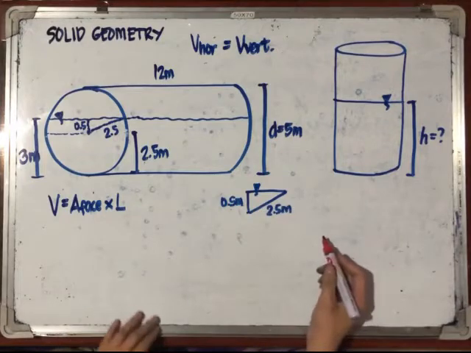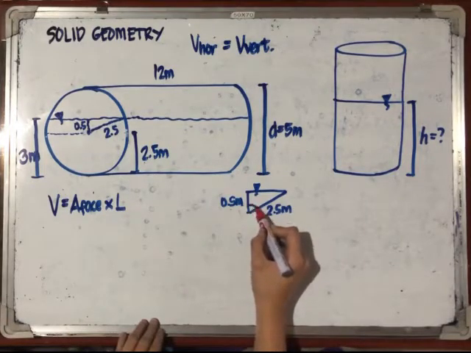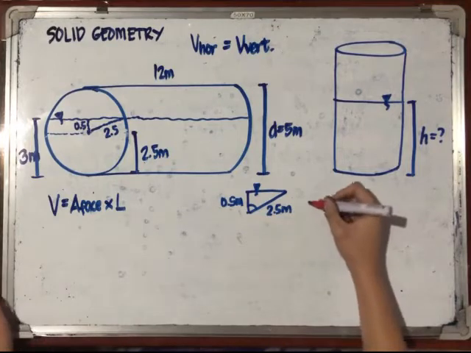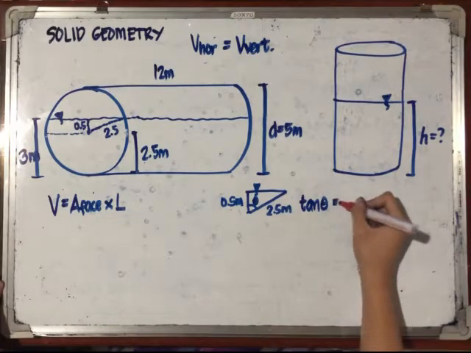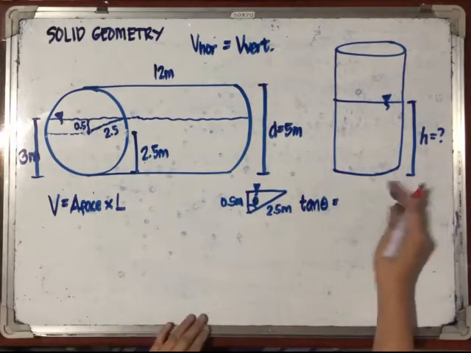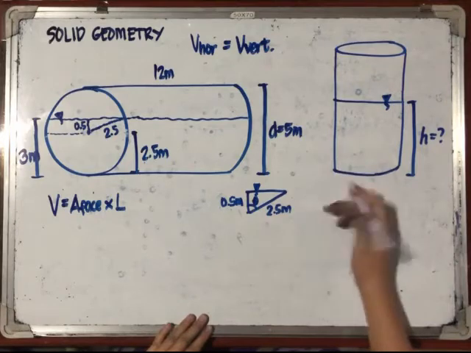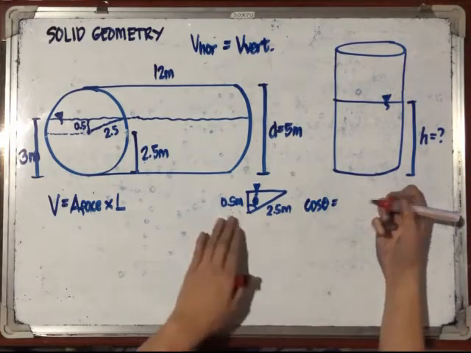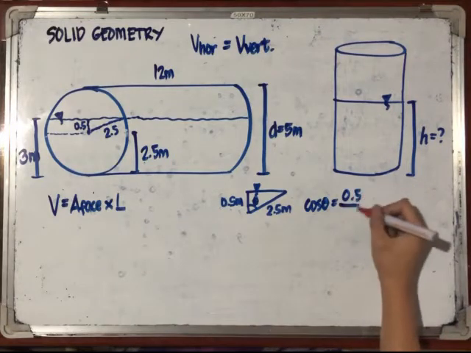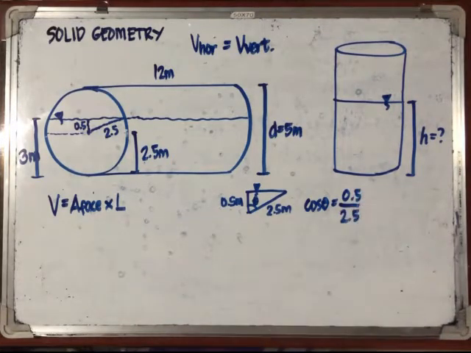Now, can we find the angle here? You can get that using your trigonometric function. Let's say that angle is theta. Oh, this is cosine, I'm sorry. The cosine of angle theta is equal to adjacent 0.5 over hypotenuse 2.5. So that would give us how much? The angle therefore is 78.46.